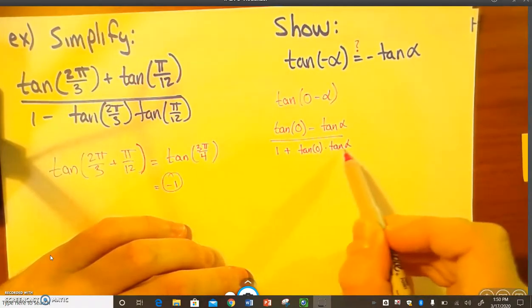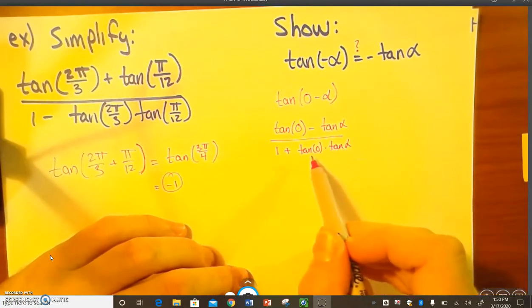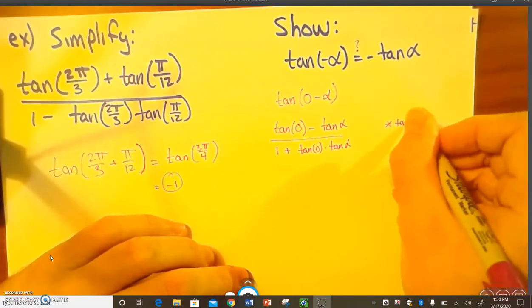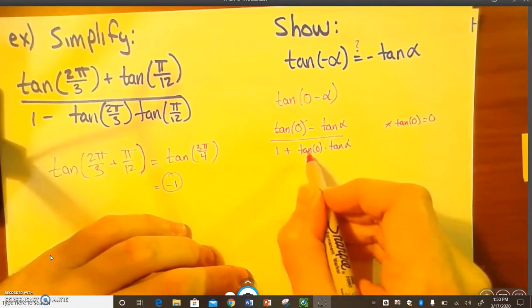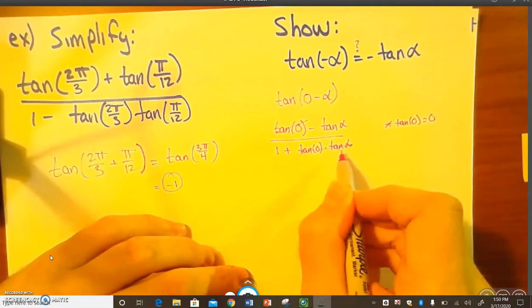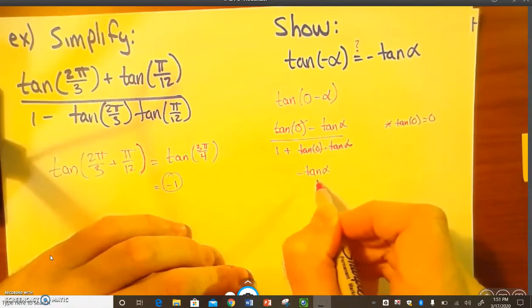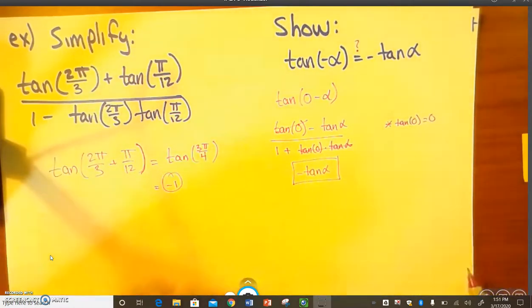Now, don't get too concerned about tan alpha on the bottom because we don't really know what that is, but we do know that tan 0 is 0. So that cancels, and this term cancels all of it because 0 times tan alpha is still 0. And we're left with negative tan alpha over 1, which is just negative tan alpha, and we're done.